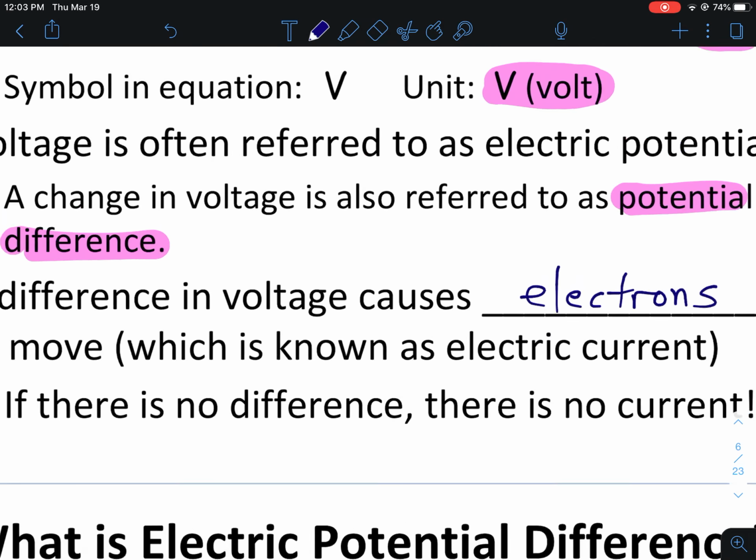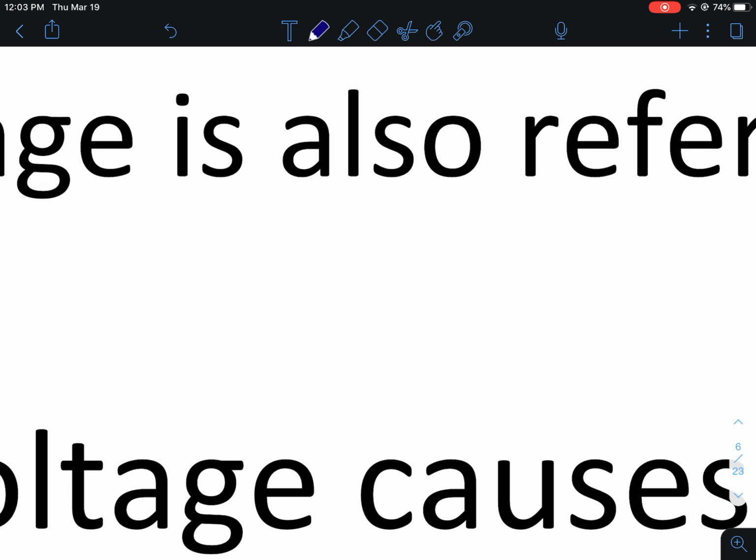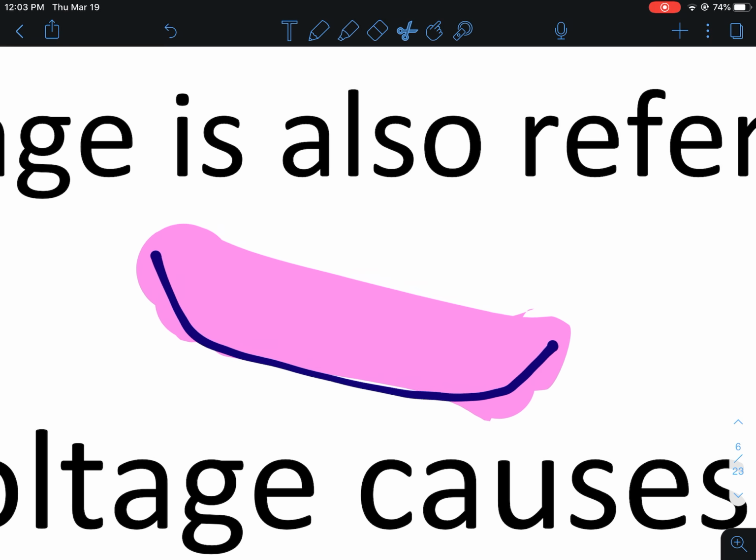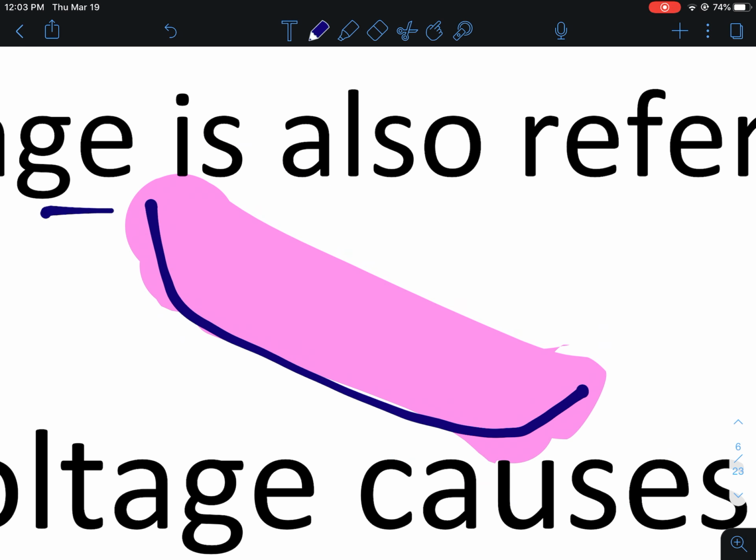Think of it as, and this is going to be a terrible drawing, if you had a lake and that lake was filled with water, it's not going to flow. But if I were to give one end of the lake and another end of the lake different potential energies, think back to last unit, we talked about gravitational potential energy. Now what's going to happen is that water will flow because it has a potential to do so.